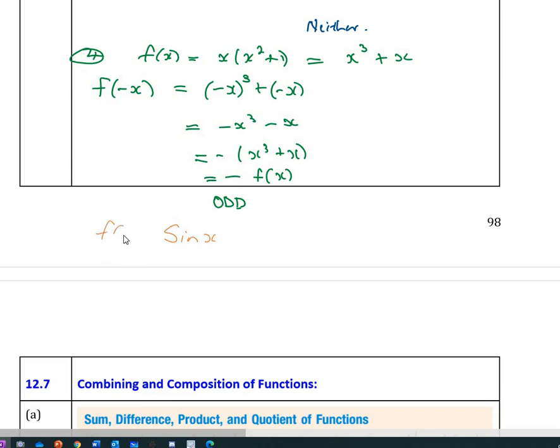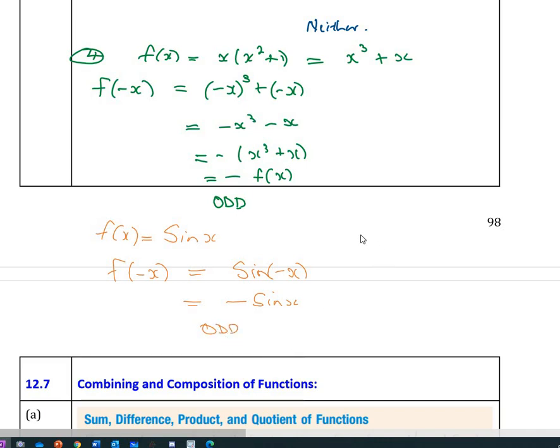So let's say f of x is sine x. Now if you do f of negative x, this is the sine of negative x. And we know that the sine of negative x is negative the sine of x, which is negative the original, so this is odd.